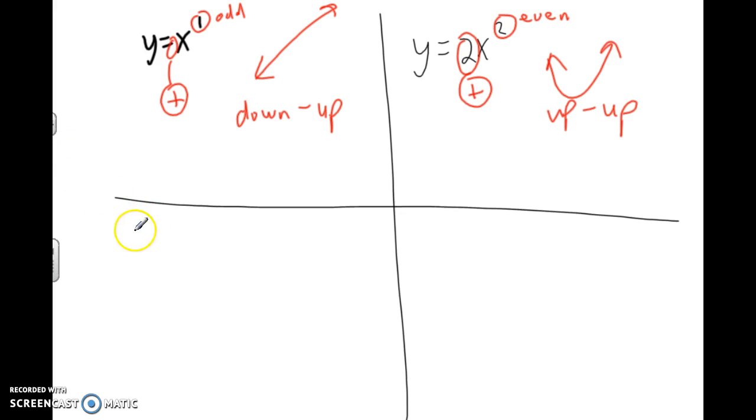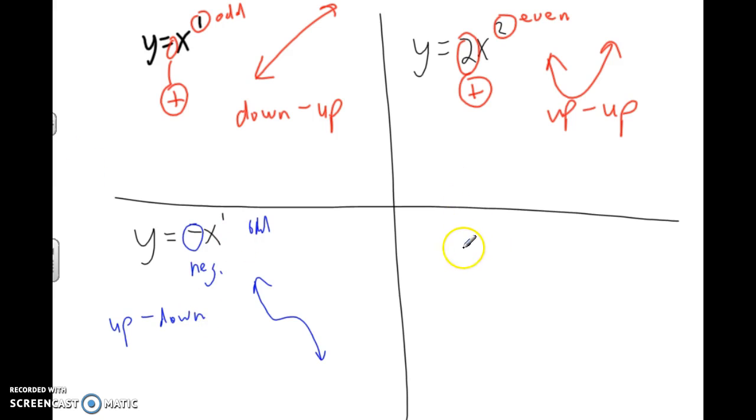And when you have y equals negative x, in other words, when this is a negative value, so negative and odd, it always starts high and ends low. So it's going to be up, down.